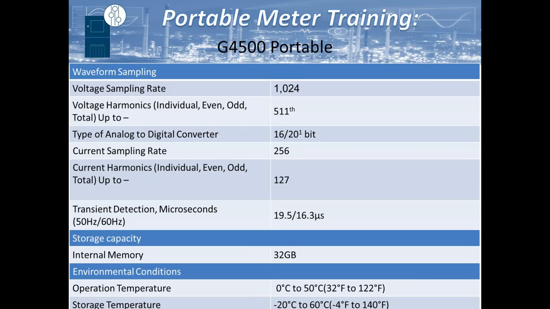So it gives you quite a bit of storage for the size and for the time that you're going to be recording. You can go several weeks to several months. Operational temperature is 0 C to 50 C, which is basically 32 to 122 Fahrenheit. Next screen, please.